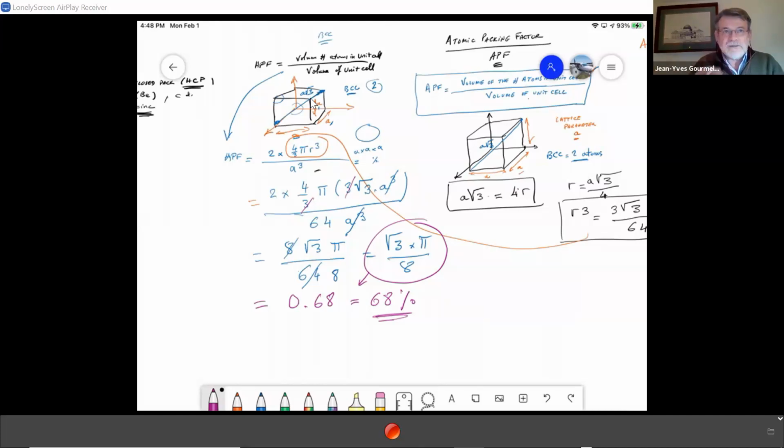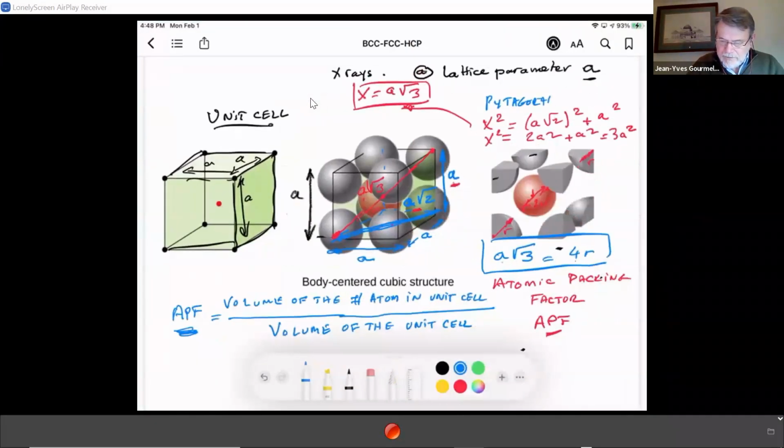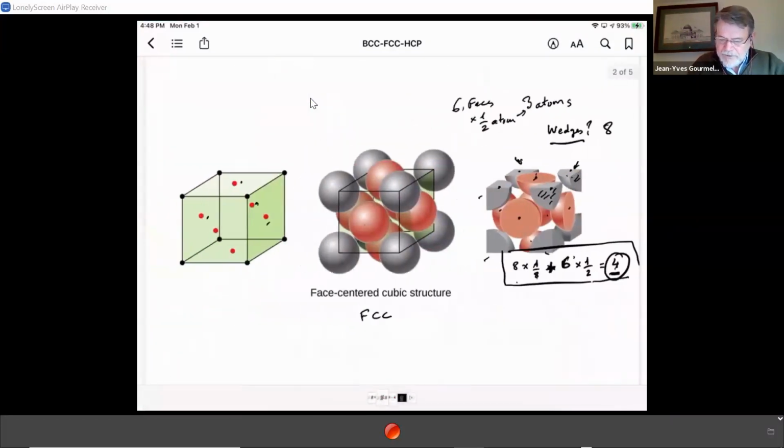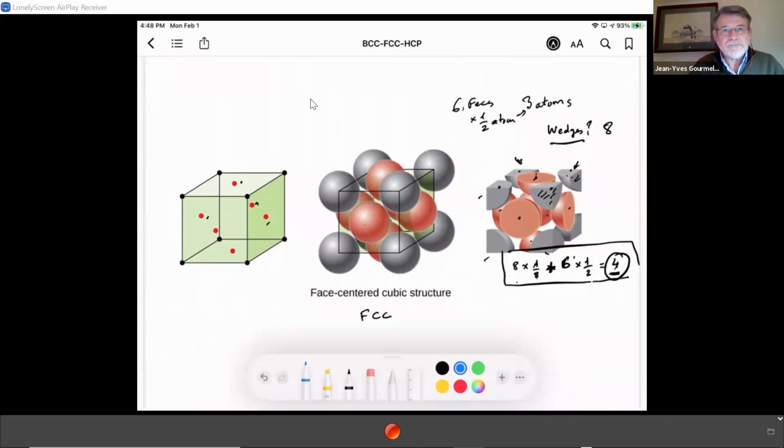So let's look now at the FCC slide that I showed earlier. So for the FCC, we had 4 atoms. That's what we found earlier. But now, as the name indicates, these atoms are touching, not on the body diagonal, but on the face diagonal.